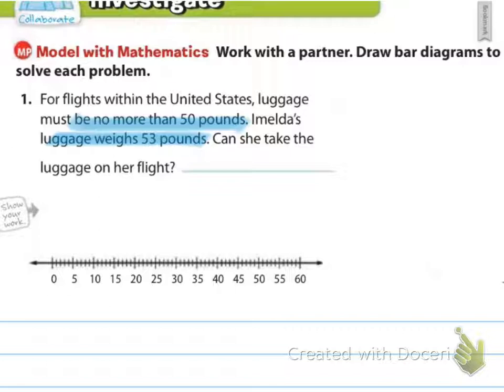So we know that it can be from 0 to 50 pounds. This is the amount that we can have for luggage. And this is where Imelda is. Can she take her luggage on the flight? The answer is no. Unfortunately, she needs to lose 3 pounds of her luggage. And I don't know what she's going to do. Maybe get rid of all her makeup?